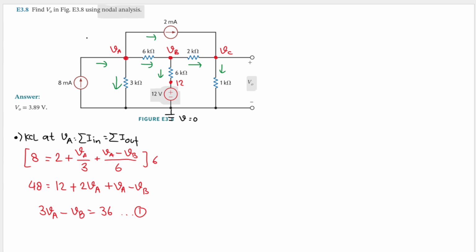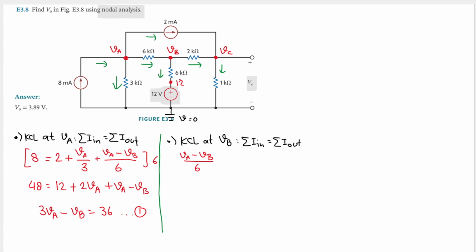Okay, good. Now what else can we do? Let's do another KCL, but this time at node VB. What does KCL say? The sum of the currents that go in will equal the sum of the currents that go out. Good. The only current that goes in is this one, and that is VA minus VB divided by 6.